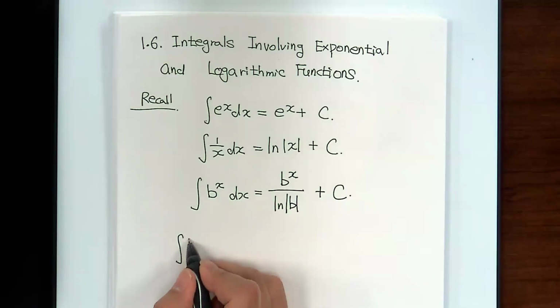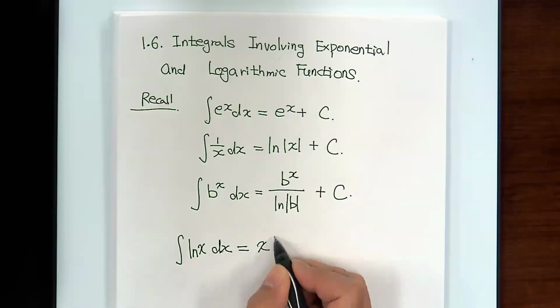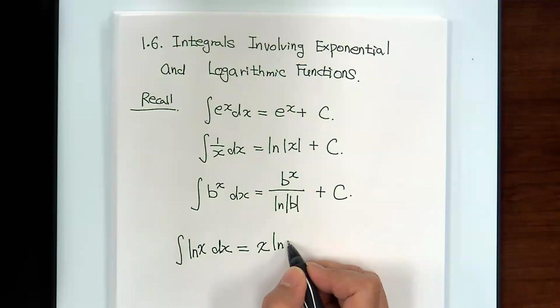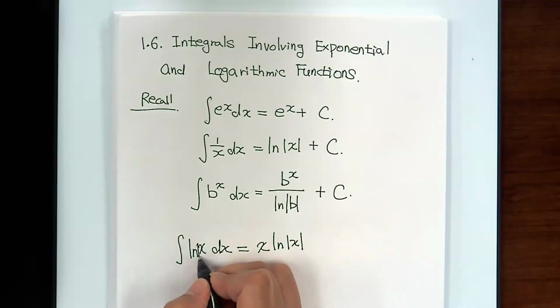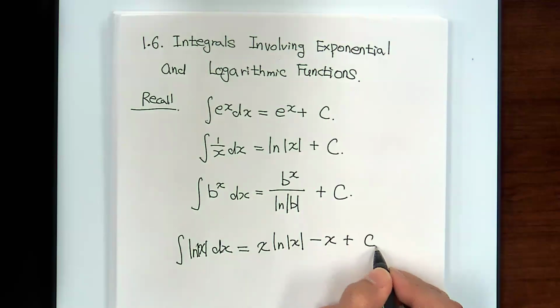And if we have integration of natural log of x dx, then that is x times natural log of absolute value of x minus x plus c. Again, all of them are essential formulas you have to remember.